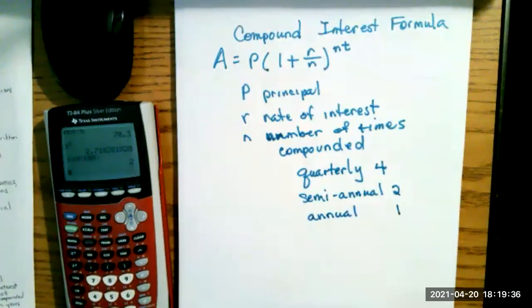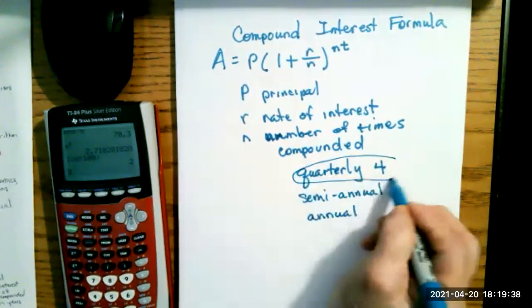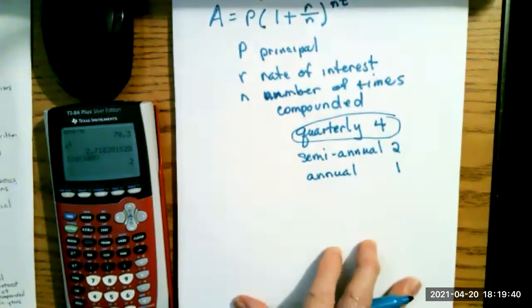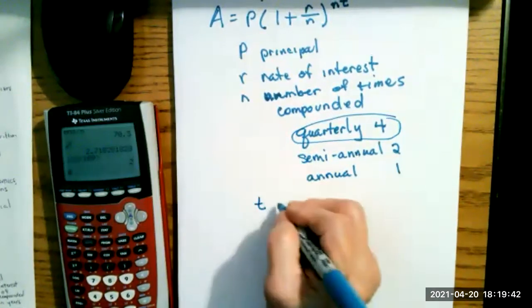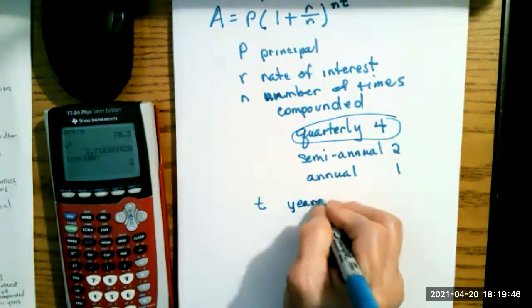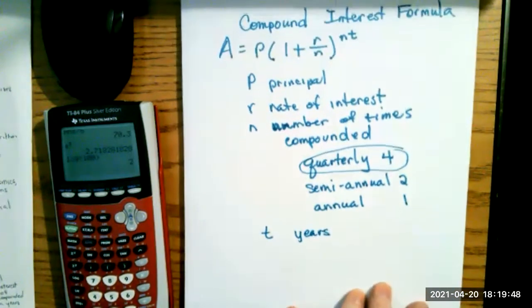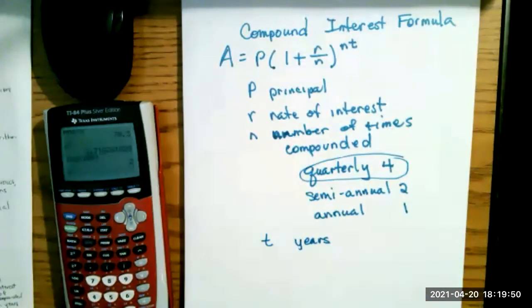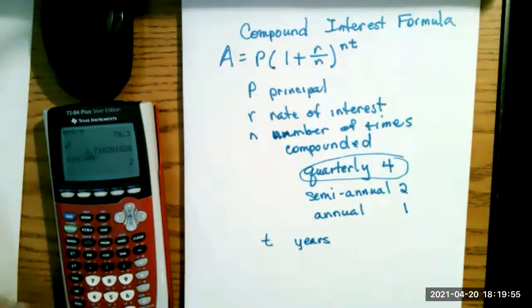Those are the ones, and quarterly is the one you use the most often. The other thing that you have in your formula is t, which is the number of years. So those are ones you're going to use. So it's A equals P times (1 plus r over n) to the nt.